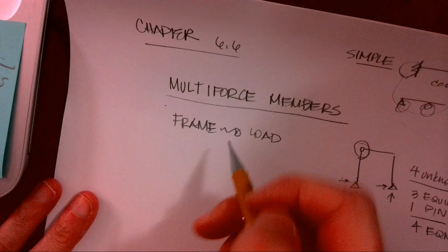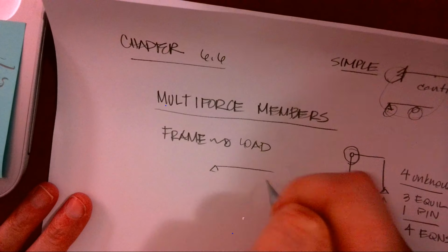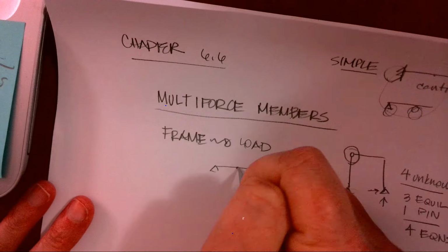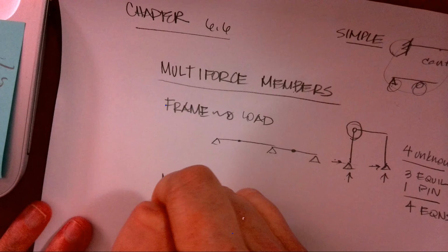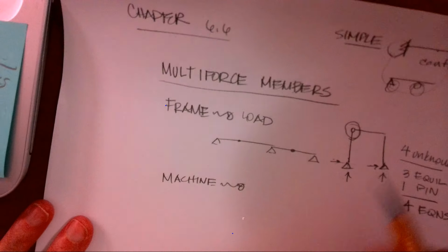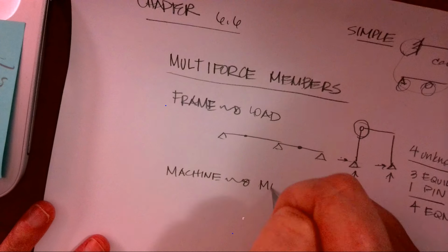When we look at a frame, we might also see beams. So we could have some sort of a compound beam, and we could have pins in that as well. The other thing would be a machine. And I know you all have seen machines. Many of you in construction have seen giant moving machines. This is going to have moving parts.